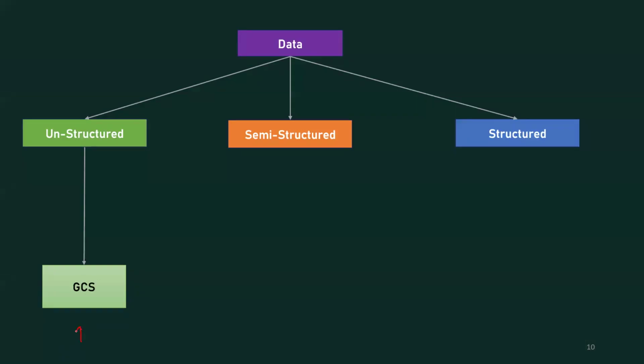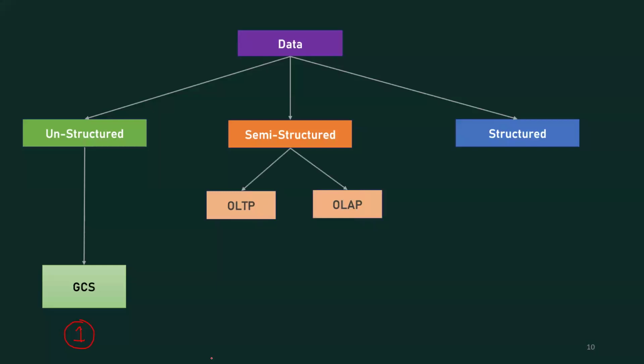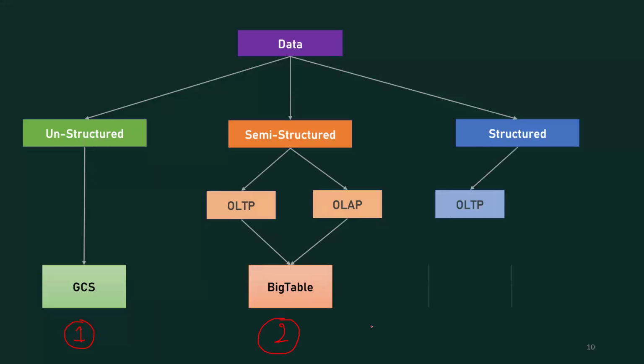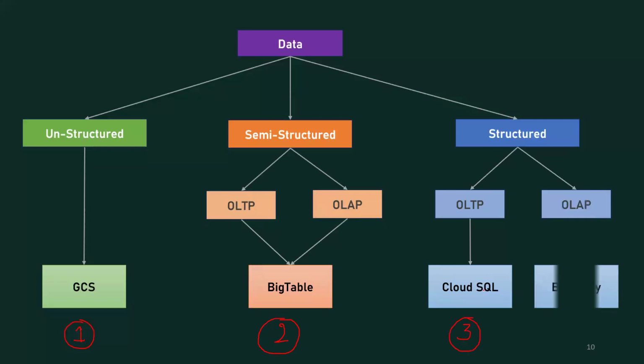This is service one. To work with the semi-structured data, OLTP systems and OLAP systems, we have Bigtable, that is service 2. And to work with the structured data OLTP, we have service 3, that is Cloud SQL. We are going to see Cloud SQL. And to work with the OLAP data, nothing but a data warehouse, we are going to see service 4, BigQuery.